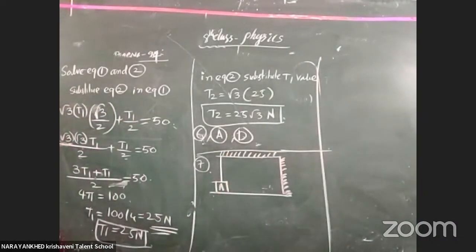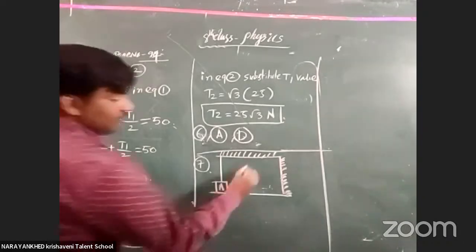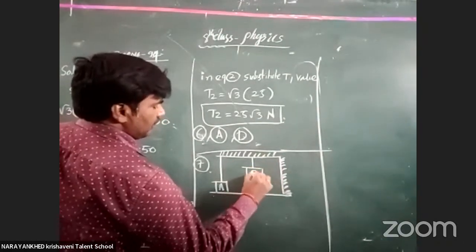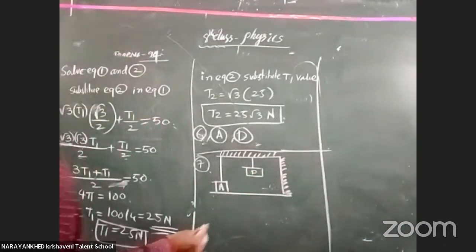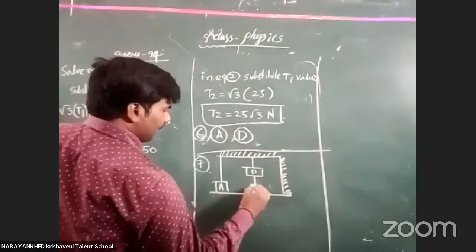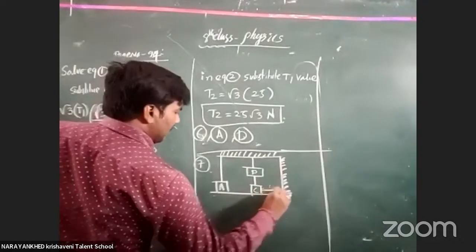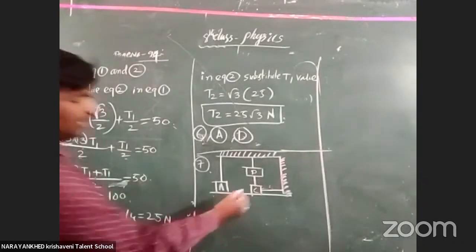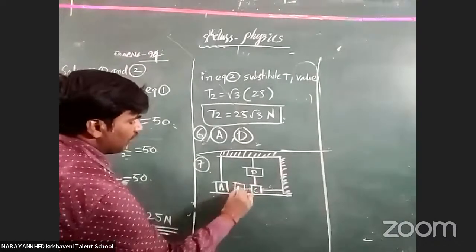And next, we have taken D, in the middle. D is attached with C also. It is attached with C, and C again is attached horizontally with another surface. Meanwhile, it is attached with B also.